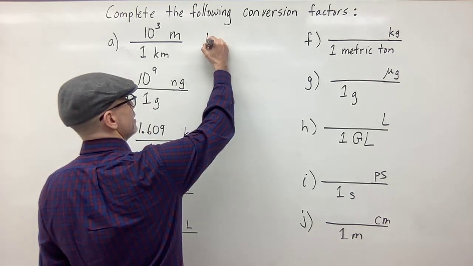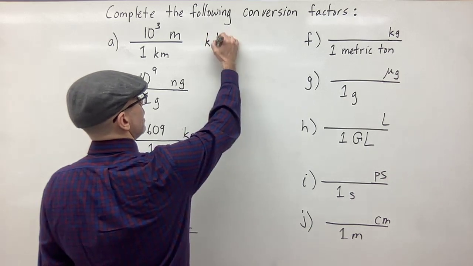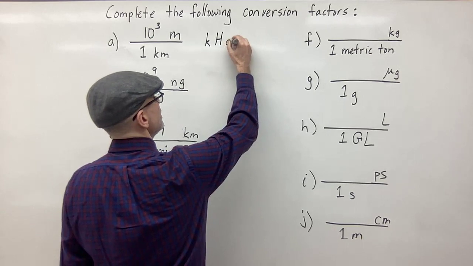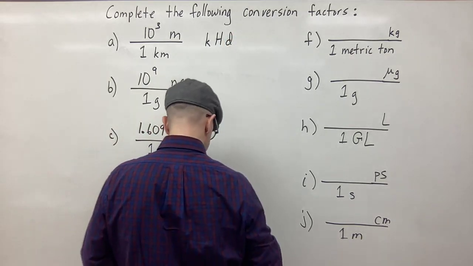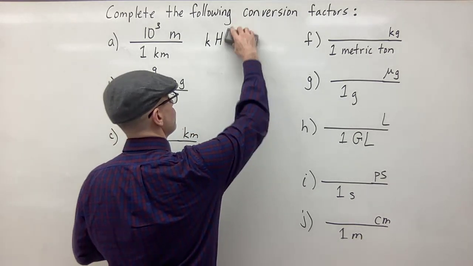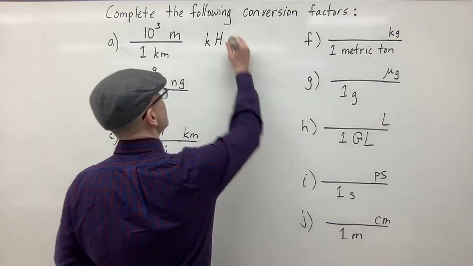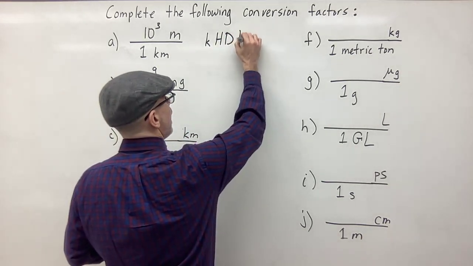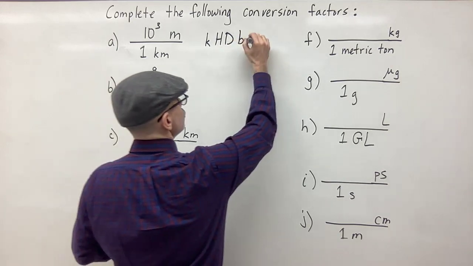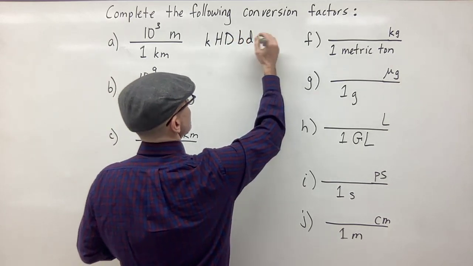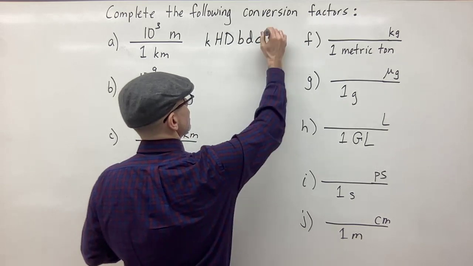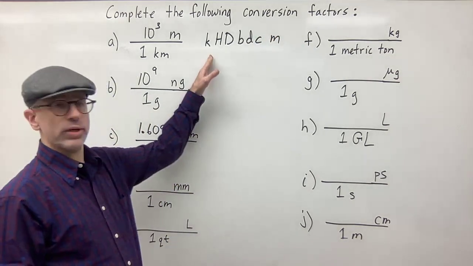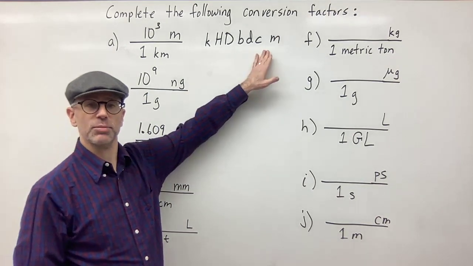So King, K, Henry, H, died, D. King Henry died by, that's the base unit, drinking, D, chocolate, C, milk, M. So King Henry died by drinking chocolate milk.